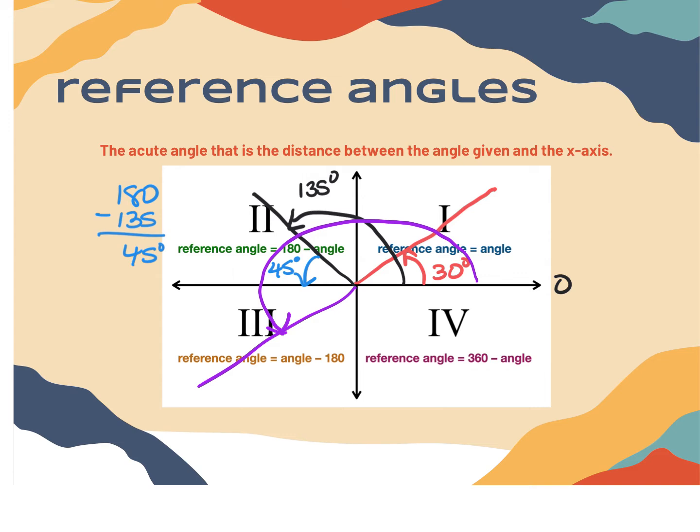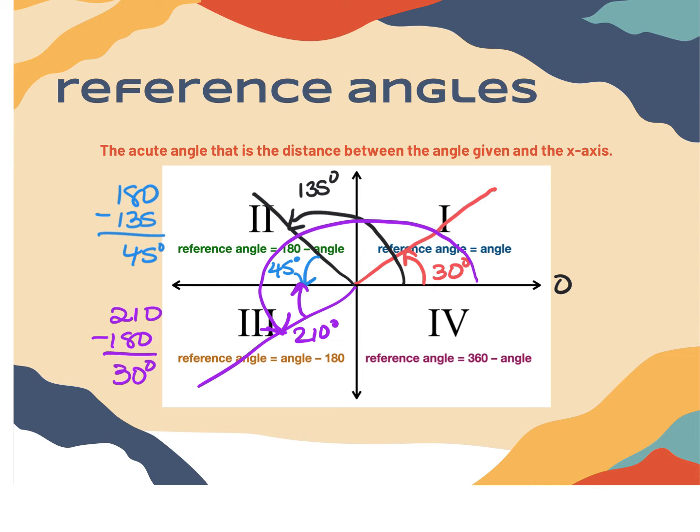So in this case, this 210-degree angle, it's faster to go back this way, and you would find that by taking the angle you just drew and subtracting 180. This reference angle would be 30 degrees. So again, it's not what it takes to get to the next axis, it's the distance it takes to get back to the x-axis.